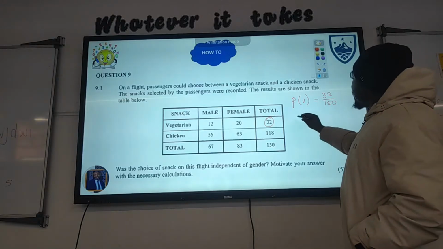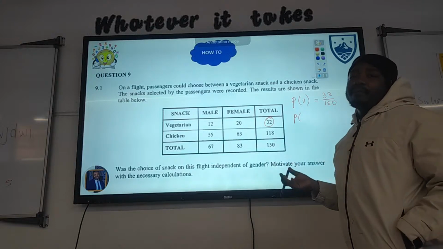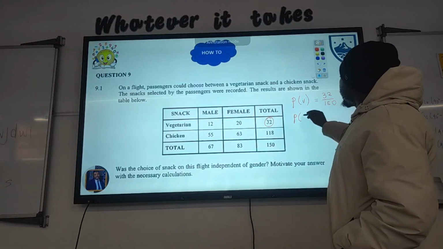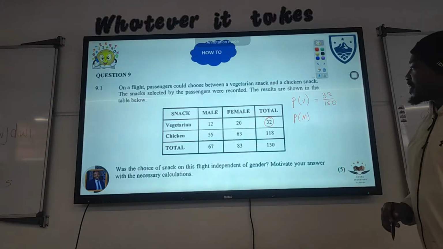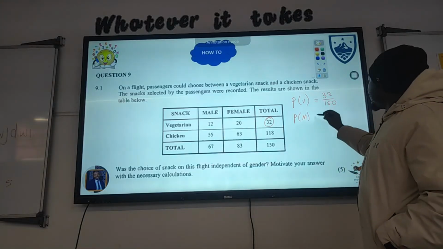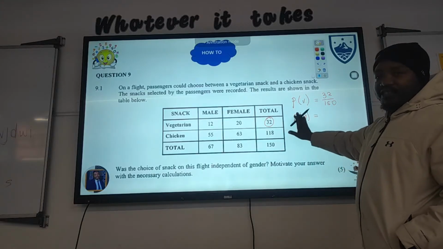And then, let's take for example, because I'm a male, I'll pick a male. Finding the probability of a male, this will represent the snack, this will represent the gender.